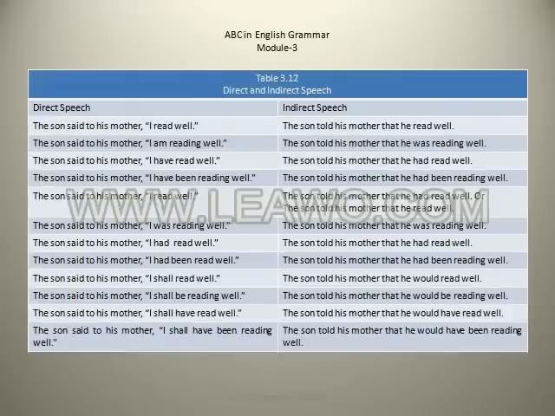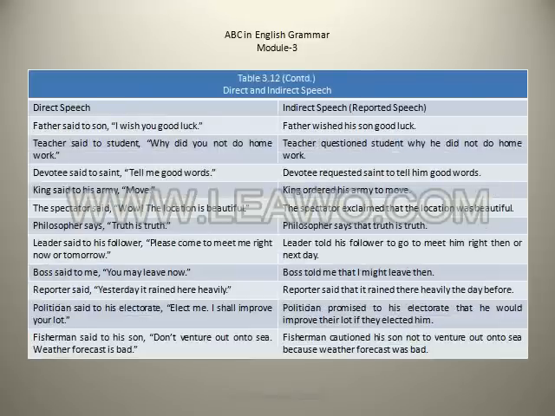Table 3.12 shows how to convert sentences in direct speech into indirect speech. Some more examples for conversion of direct to indirect speech are shown in this table.